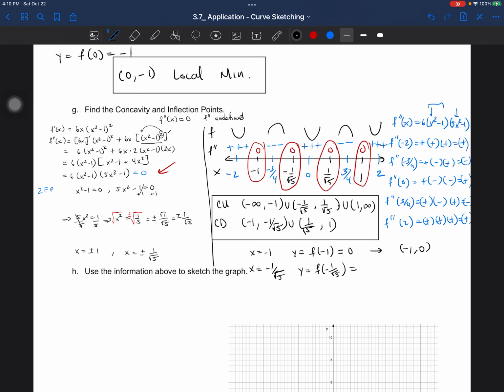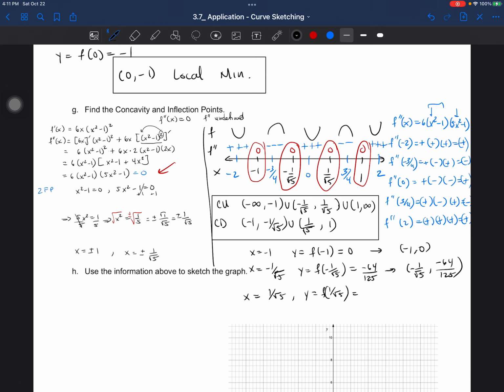This will give us y equals f of negative 1 over square root of 5. Let's see, it will give us negative 64 over 125. And so this will be negative 1 over the square root of 5, negative 64 over 125.